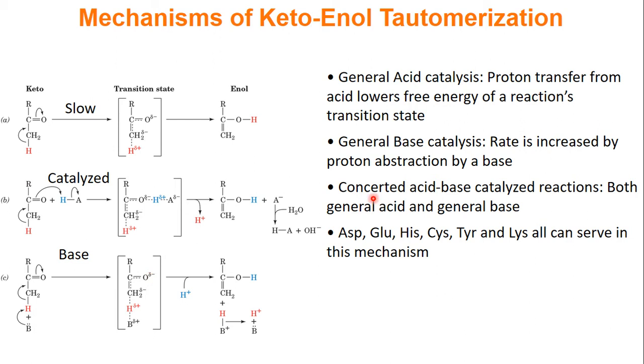And in mechanisms, you can have both acid and base reaction, a concerted acid-base catalyst reaction, where you have one part of your enzyme act like an acid, another part acts like a base. And the amino acids that can be used for this mechanism are Asp, Glu, His, Cys, Tyr, Lys. And if you know what their side chains look like, that should make sense why they are important in acid and base catalysis.